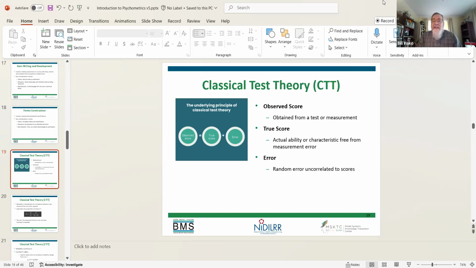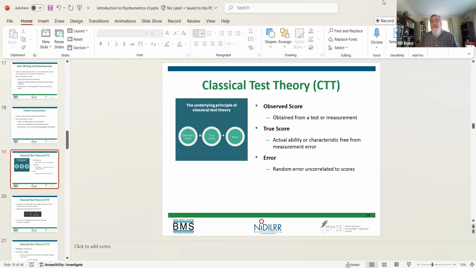So classical test theory has this underlying principle of an observed score being equal to a true score plus error. And this actually was, and for me still is, just profound in its simplicity, but also in how important it is. So I have an observed score, and if it matched the true score, we'd be done. You would have your answer.